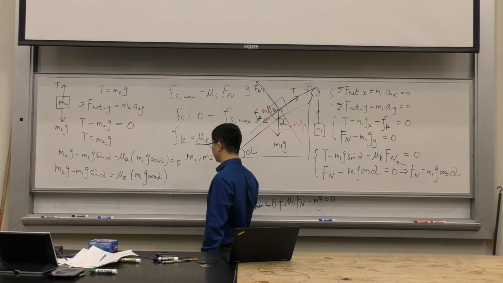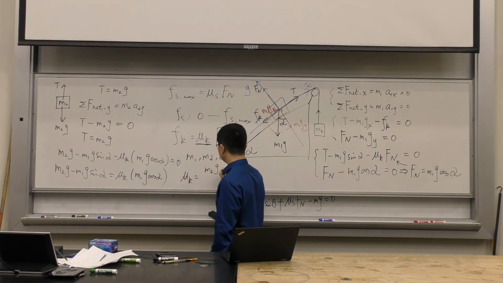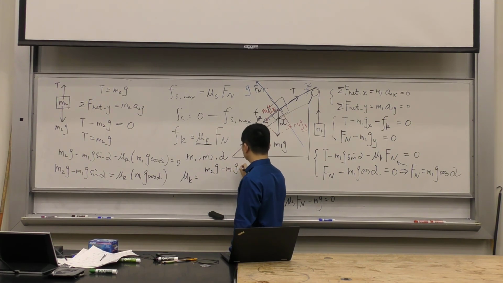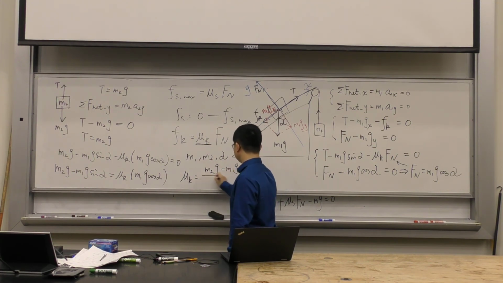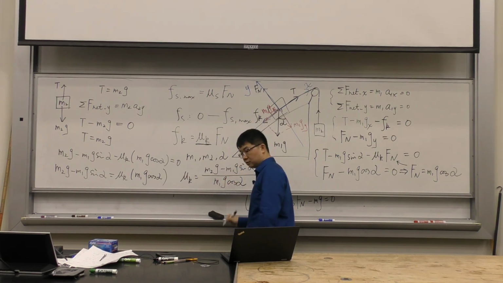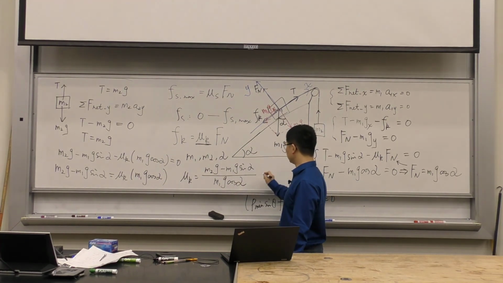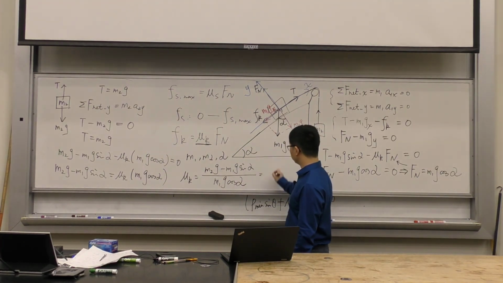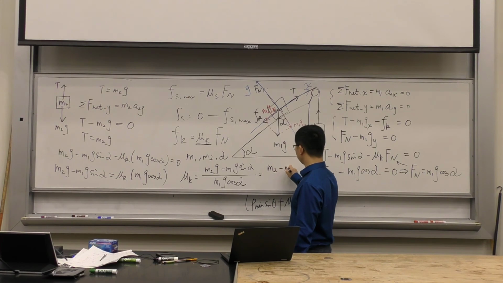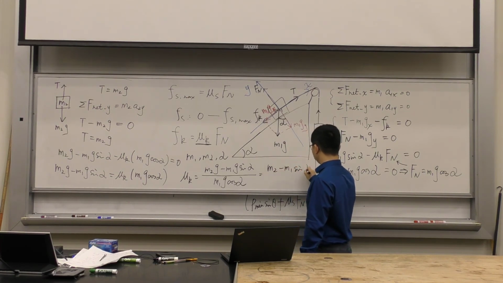You will get the expression for mu k: m2g minus m1g sine alpha over m1g cosine alpha. Now every term has little g, so you can cancel out little g in every term. So we get m2 minus m1 sine alpha divided by m1 cosine alpha.